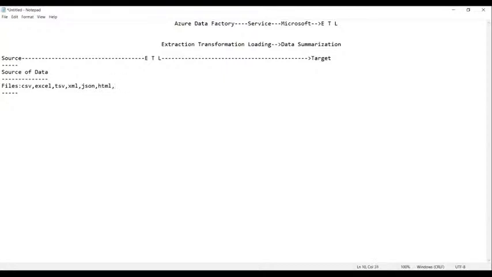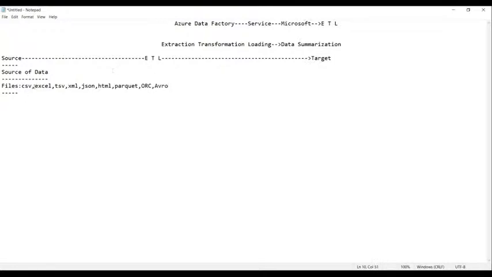Then you have Parquet files, and then ORC files, which stands for optimized row columnar. Then we have Avro file and Dat file.